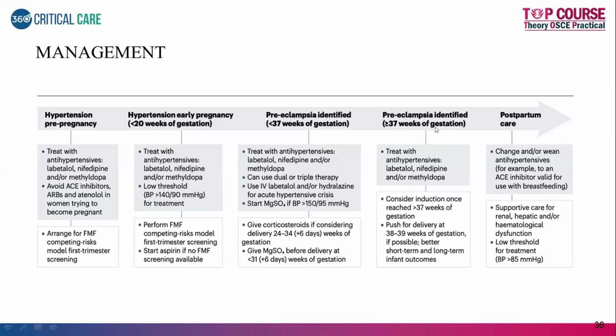Preeclampsia identified at more than 30 weeks of gestation: treat for hypertension, and consider induction once the patient reaches more than 37 weeks of gestation. Postpartum care is also very important because the patient might have episodes of seizures even around 6 to 12 weeks. So you need to have proper postpartum care.